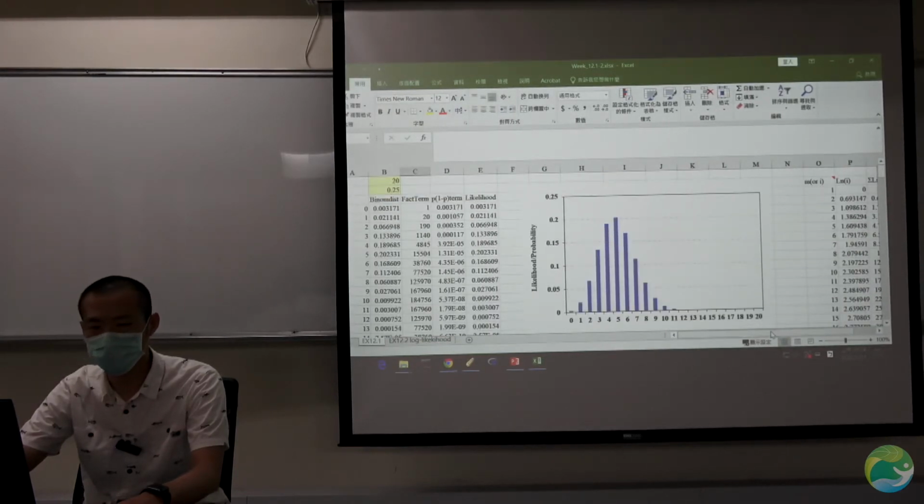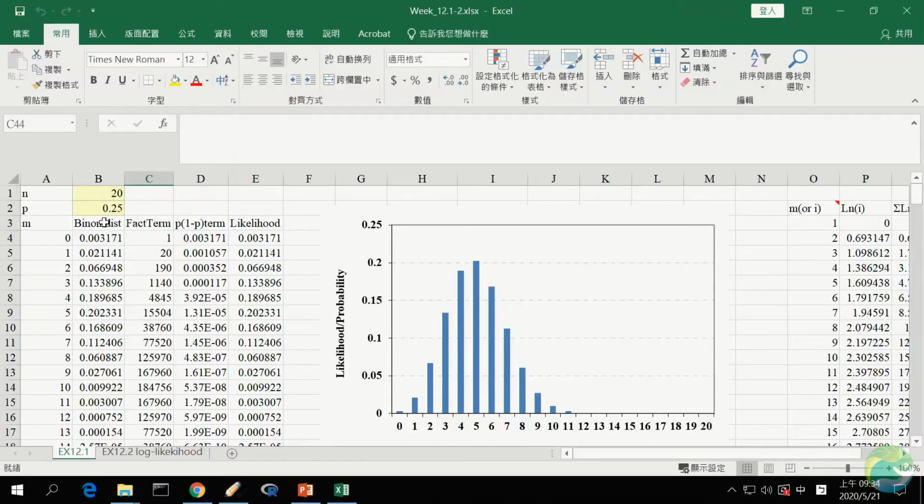So in this case, we have the parameters for this probability mass function of the binomial distribution. One of the parameters is n. The second parameter is p. The number m is a random variable.